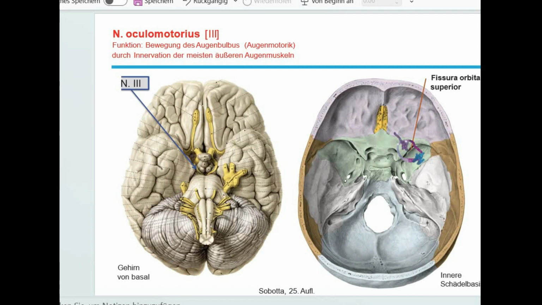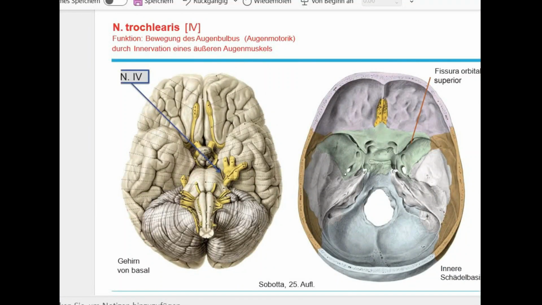The main functions are movement of the eye, the ocular motor skills, through the innervation of most external eye muscles. It is very important.